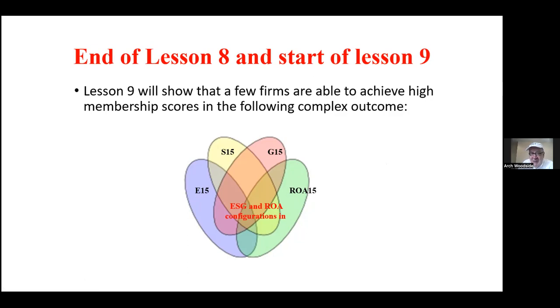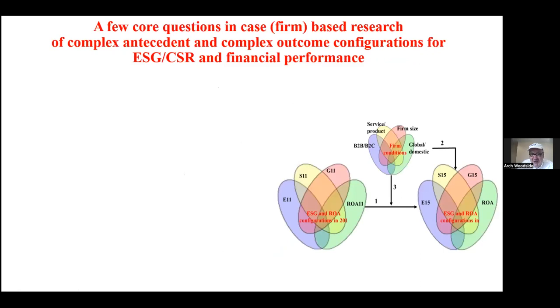And one question is, would you have any firms that perform high on ESG as well as return on assets? I mean, that would be really interesting to see in your data set. So we're going to look at 66 firms in lesson 9 and actually do calculations. I mean, it's very, very exciting to look at this.